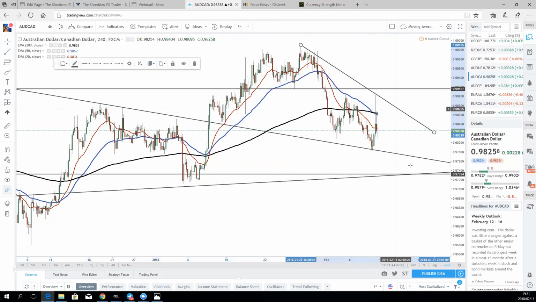Alternatively, if we don't get it, we'll look to go short back to the support level before we test that again. So again, it's all looking at your candlestick formations, your patterns. We can see here the bears came into the market and completely drove the price down and kept it below support level here.